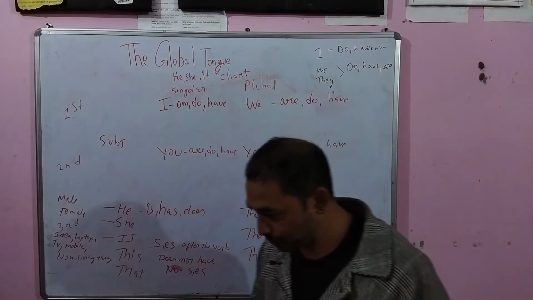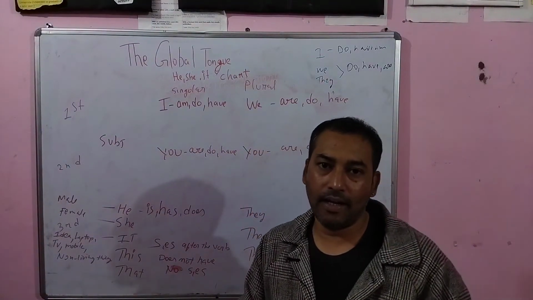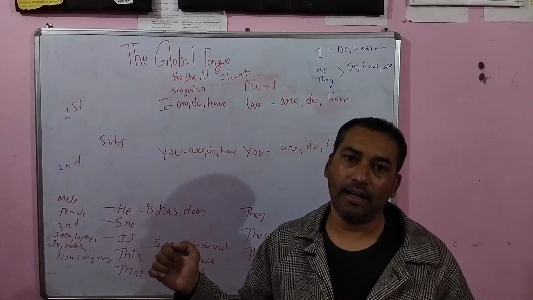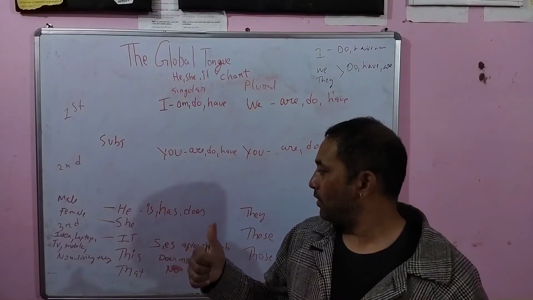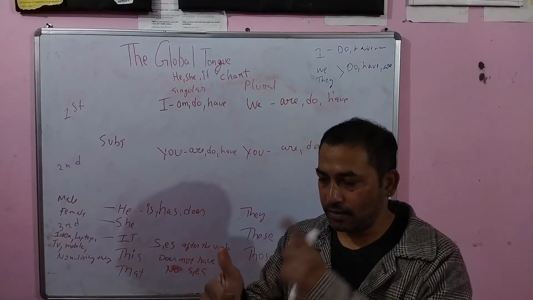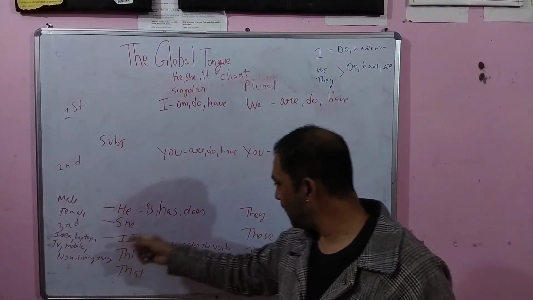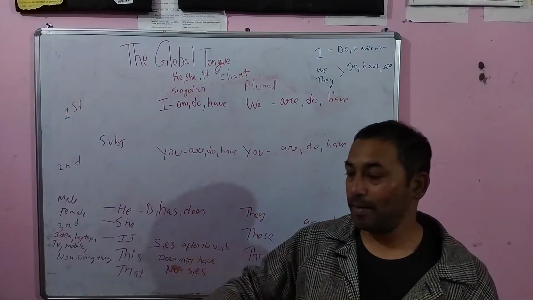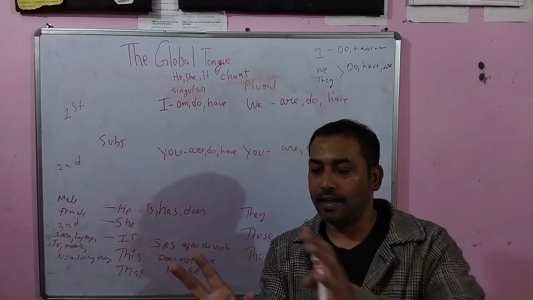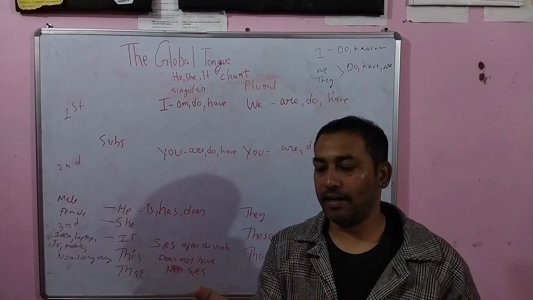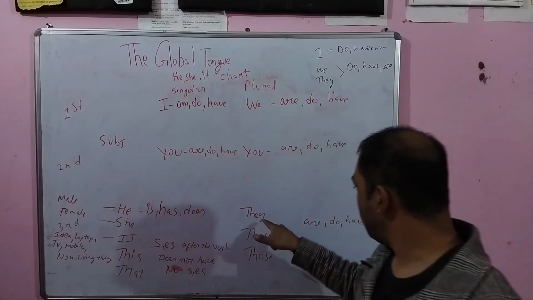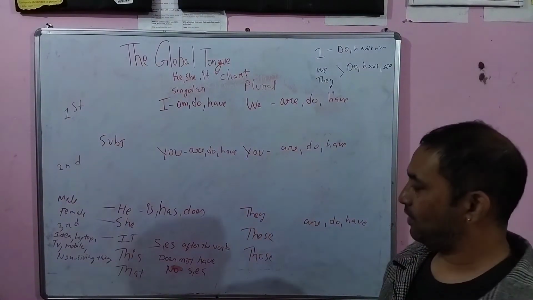So let's say we have India, America. If we talk about them individually, India has. America has. And let's say India and America, two "its," they have.